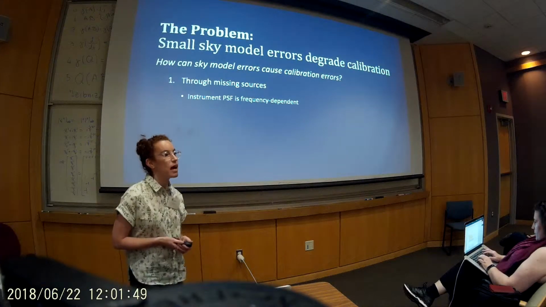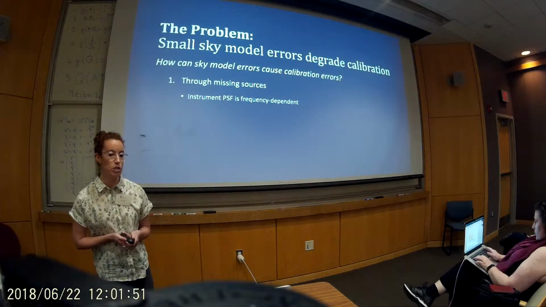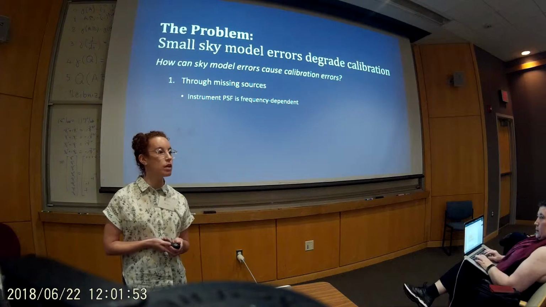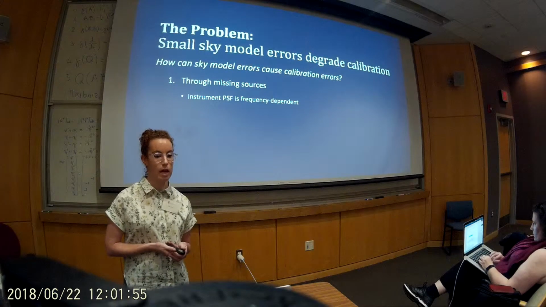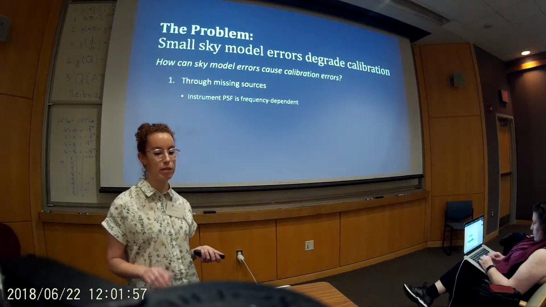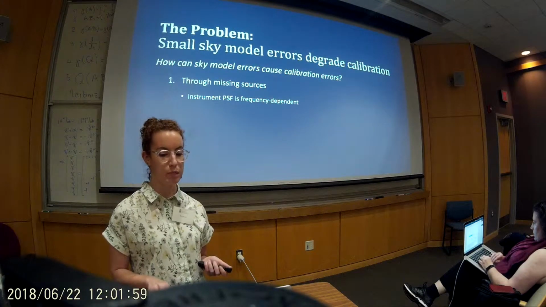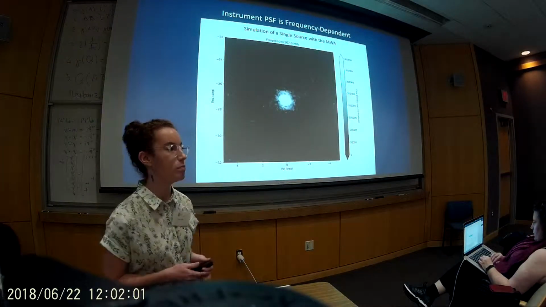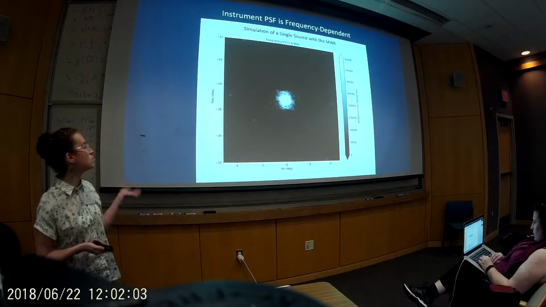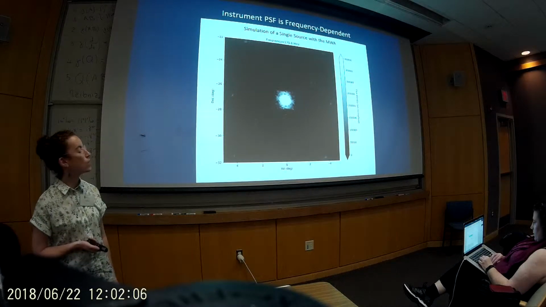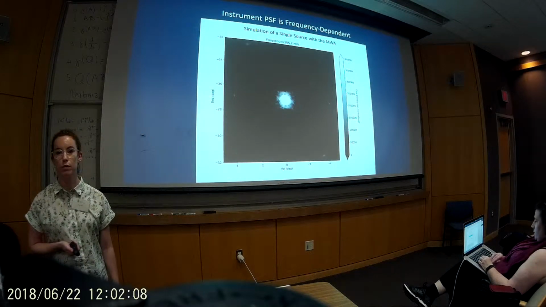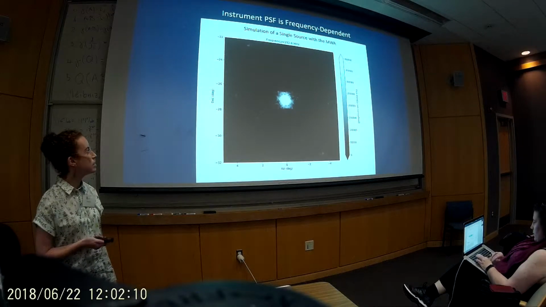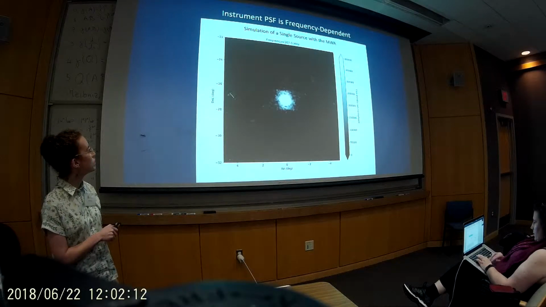So how do these sky model errors degrade calibration? They do this generally through faint missing sources in the calibration catalog, and this is because the instrument PSF is frequency dependent. This shouldn't be super surprising to anyone, but this is a simulation of a single point source through the MWA as a function of frequency, and you can see that the PSF is moving all of these little source side lobes around.